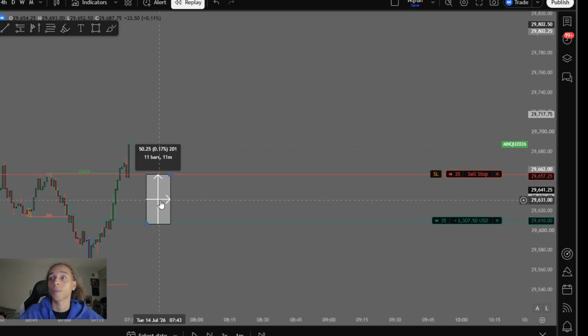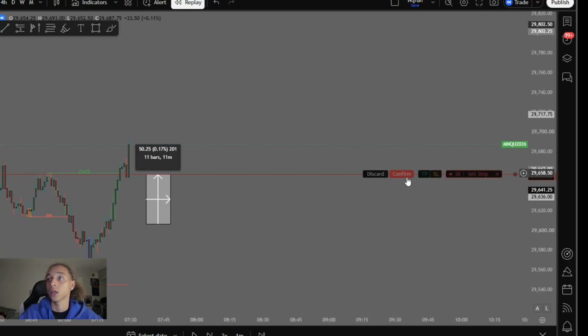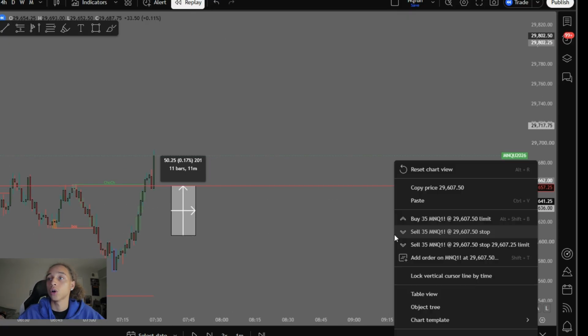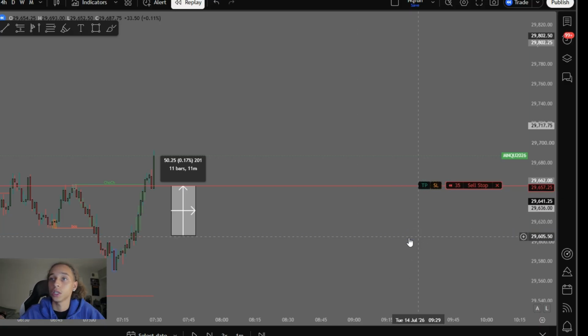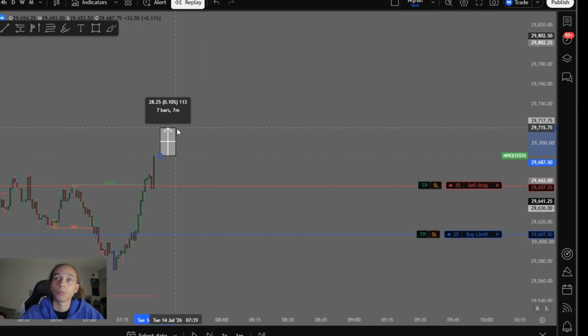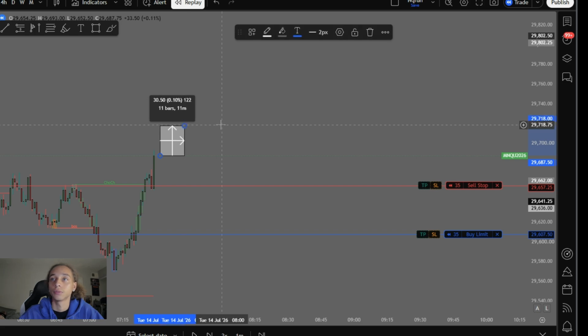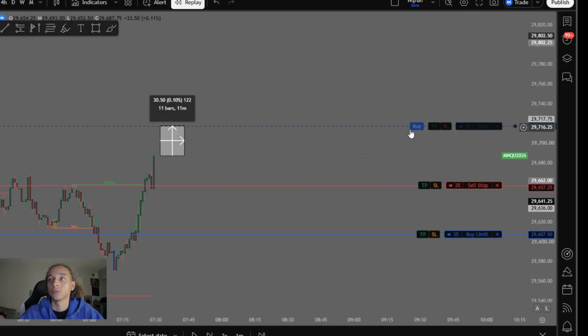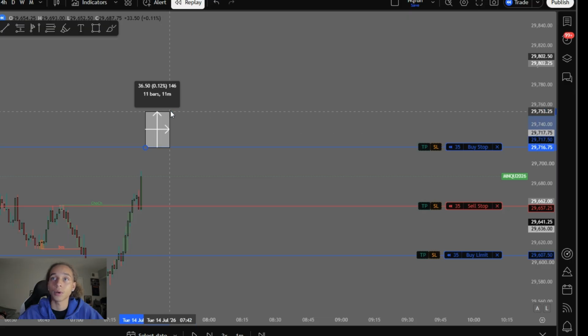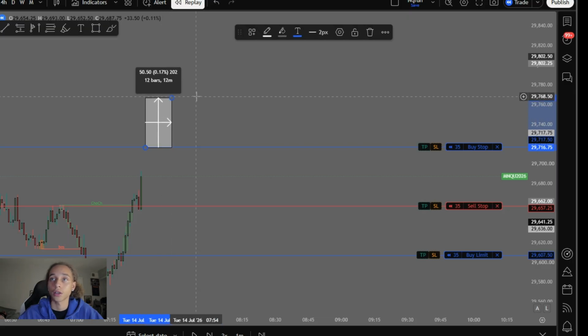A limit order. So let me show you what that looks like, since this is paper trade. A buy limit on the sell side is what you want to put 50 points below current price. And then same as your buys, you go 30 points above, and then 50 points above that you put your sell limits right here.